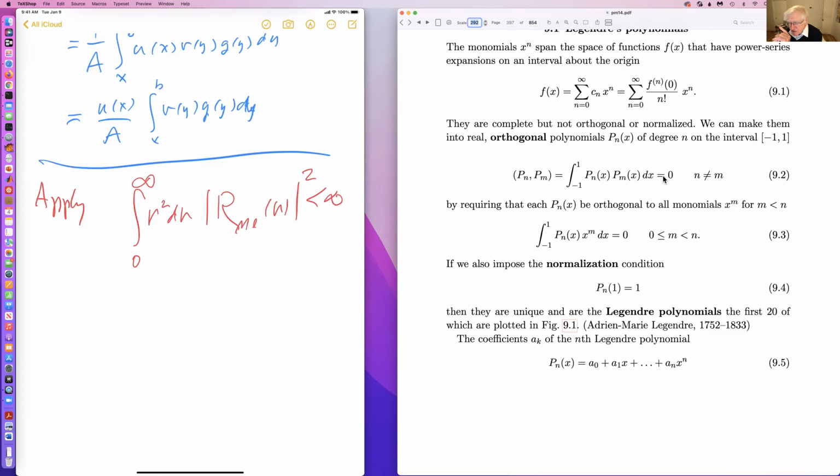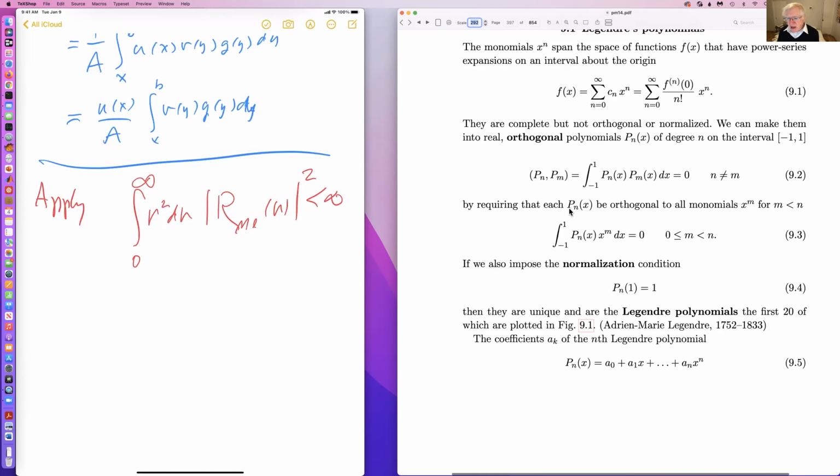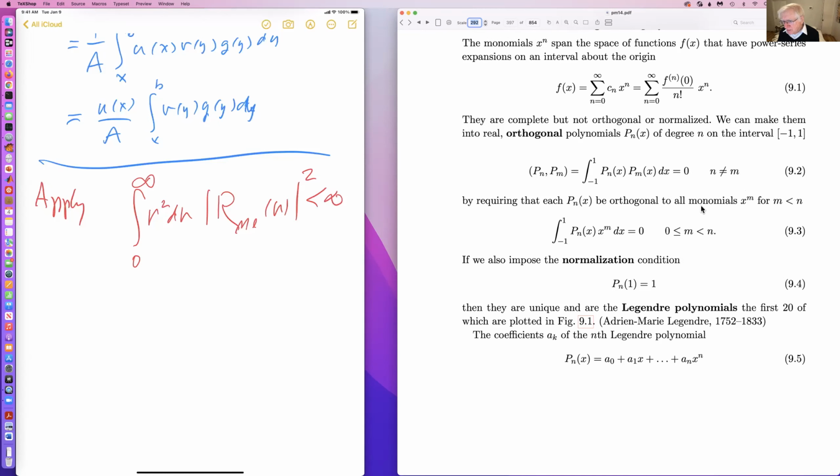So that was the first requirement, that they're orthogonal. And the way he chose them to be orthogonal was rather cute. What he said was that the polynomial p sub n is going to be orthogonal to all monomials x to the mth for m less than n.